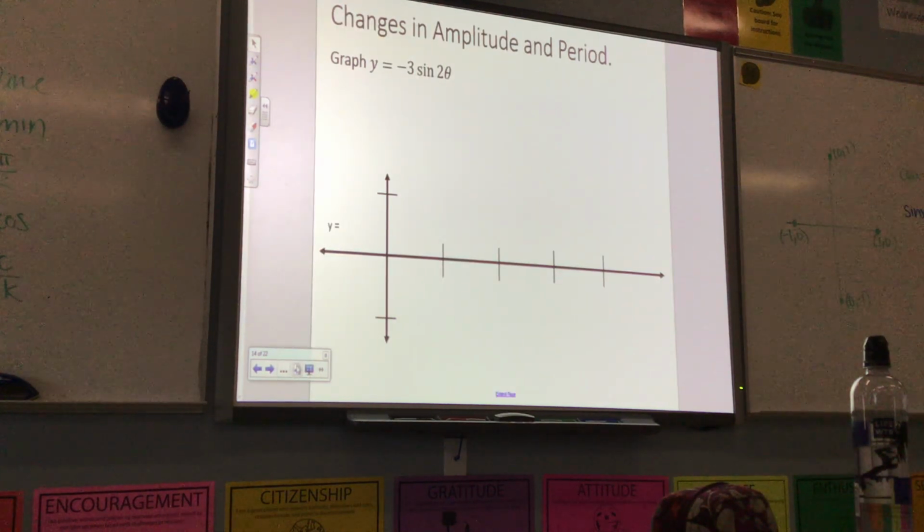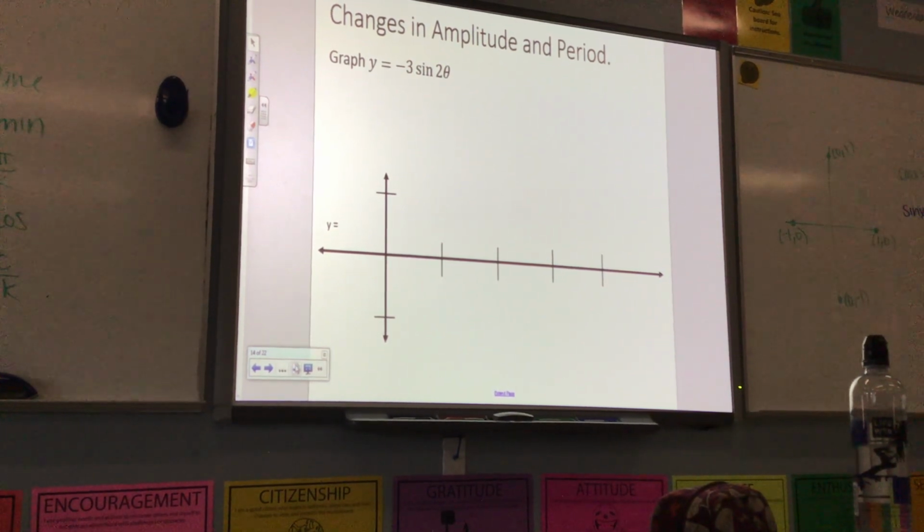I'm going to put in an amplitude changer or a period changer, so it's only going to be that A and that C value. This is going to change my parent numbers, so we are going to have different numbers on our axes than we had before.